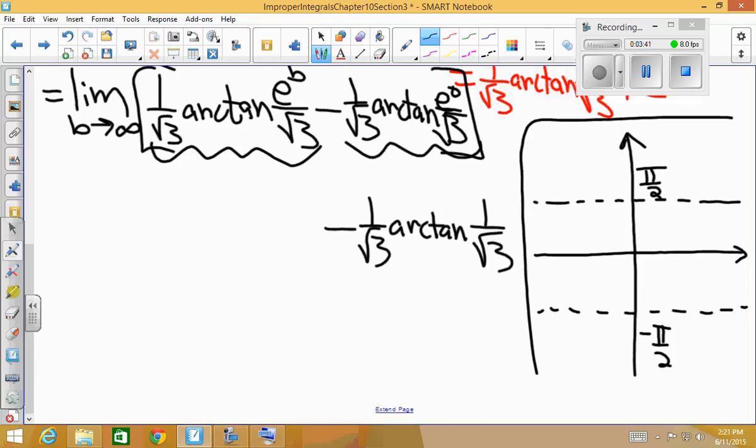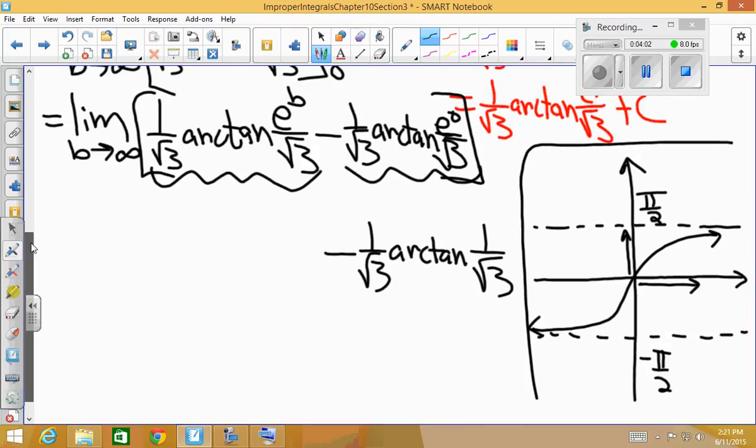And the graph itself looks like this. So as the input of the arctangent, that is the x-coordinate, gets bigger and bigger, the output, which is the y-coordinate, gets closer to pi over 2. That's the situation we have.